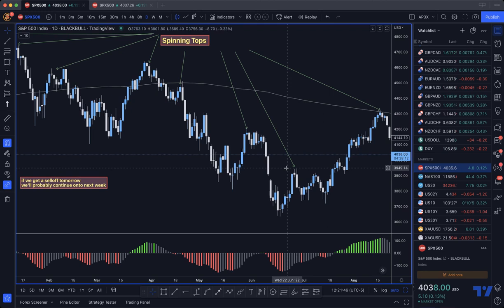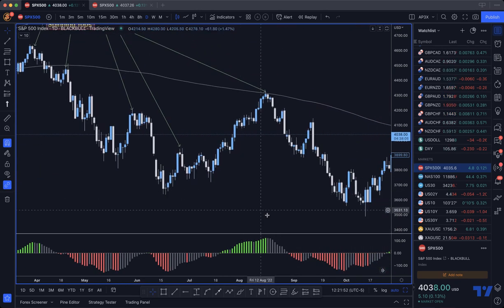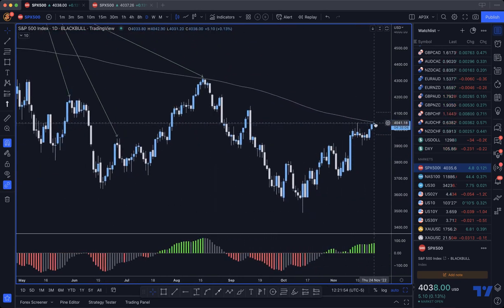If we get a spinning top, we're going to get a sell off. We did get a sell off, and if we're going to get another spinning top here, that's showing that it's running out of steam at a resistance, followed by the start of the sell off, etc. This is going to be a nice swing trade.